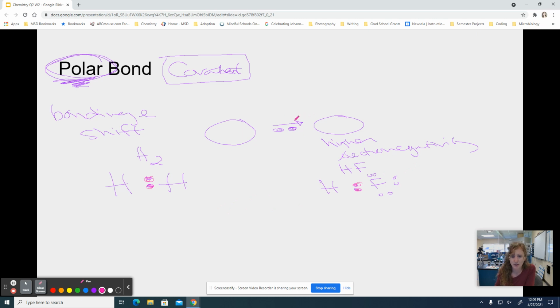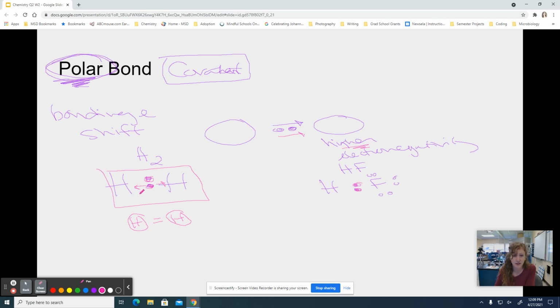Now, remember, we're talking about an electron shift based on higher electronegativity. If we look at this H2 molecule, hydrogen and hydrogen have equal electronegativities. That means that the nucleus of one hydrogen has the exact same pull on the electrons as the nucleus of the other. So these electrons aren't going to shift towards one hydrogen. Why would they?